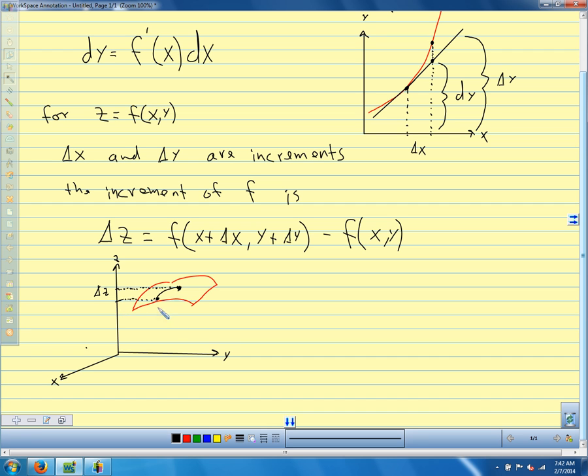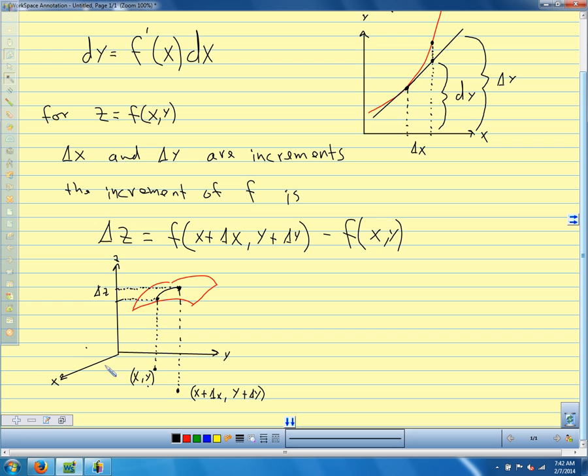and we're moving from some point here to some point here. So this is the point x, y, and then we move to x plus delta x, comma, y plus delta y.